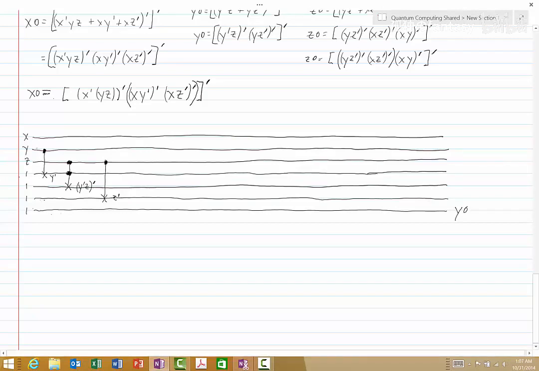Notice that since we have already created this Y prime Z NANDed together, we've put that on this line. We now no longer need to have this Y prime on this line.